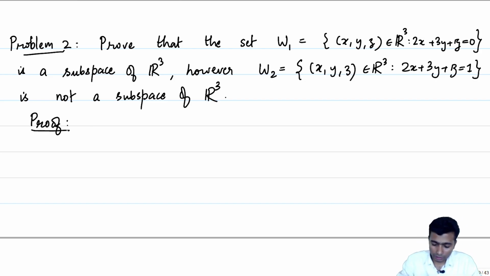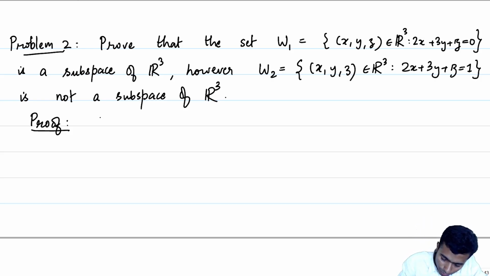So W1 is a subspace of R3, that is what we would like to prove here. But when does some subset become a subspace? If you recall the definition, it is going to be a subspace if, in the borrowed vector space operations, it is closed under both the operations.